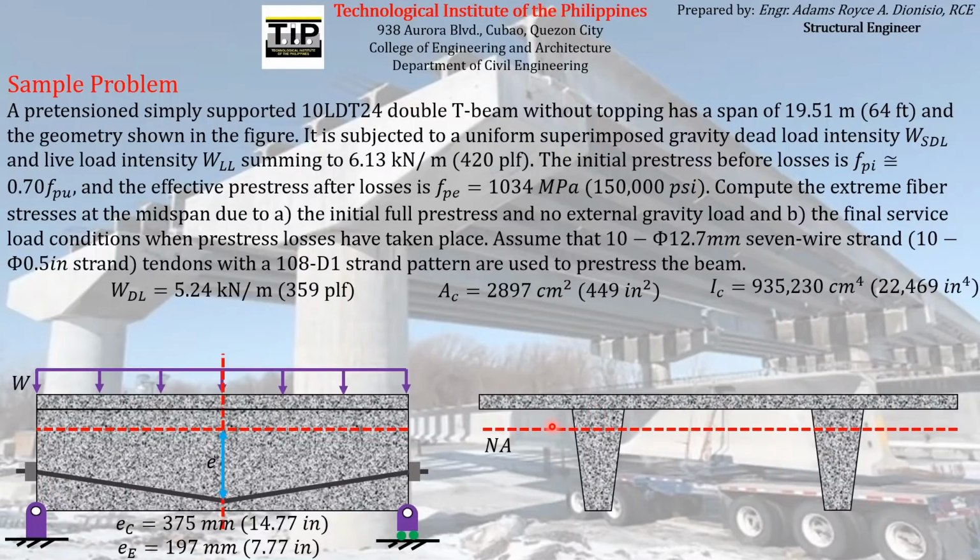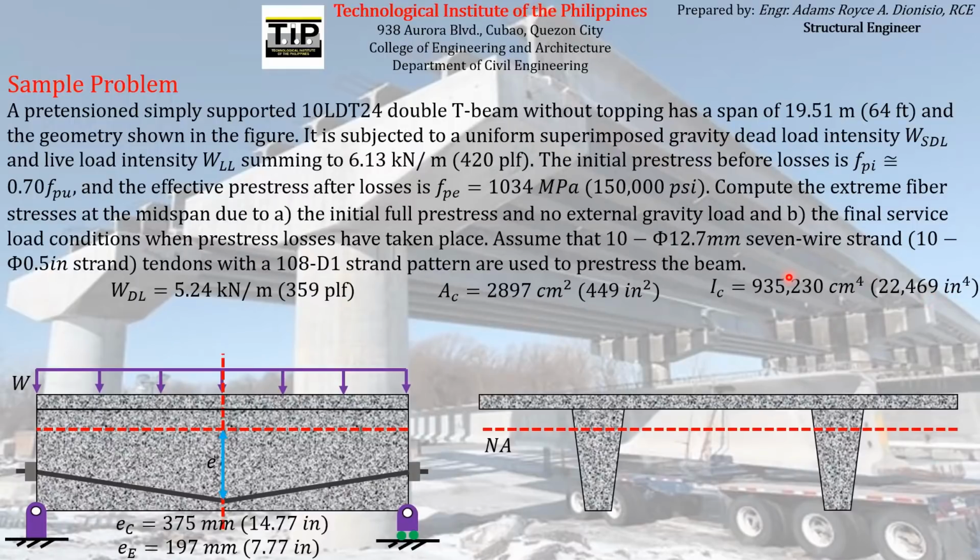And then given in the problem is the moment of inertia of the concrete with respect to that neutral axis, because the beam tends to bend with respect to that neutral axis. So the given moment of inertia is in reference to that particular neutral axis, and it has a magnitude of 935,230 centimeter to the fourth, or 22,469 inches to the fourth.